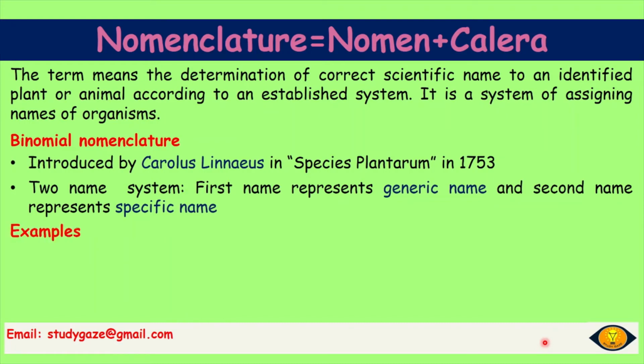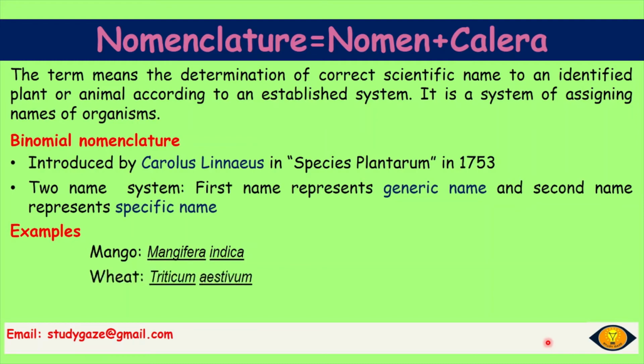Let's talk about some examples. Mango, that is the market name we usually use, but the scientific name is Mangifera indica. Mangifera is the generic name, representing the genus of mango. Indica is the specific name, indicating the species of mango.